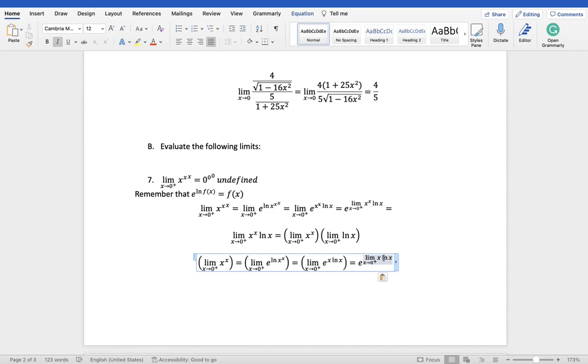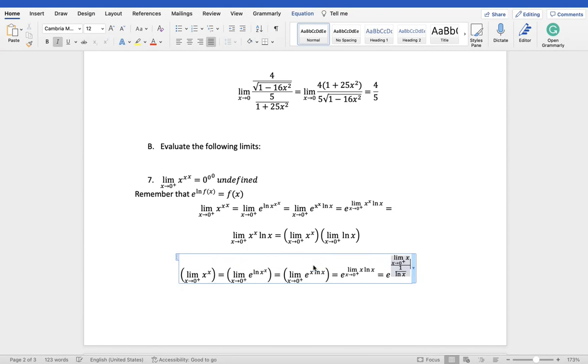So again, you can manipulate this, right? I know it's a bit long, but it's for your interest, so you need to understand this. You can manipulate this as e to the limit as x tends to 0 from the positive side of x divided by 1 over ln x.